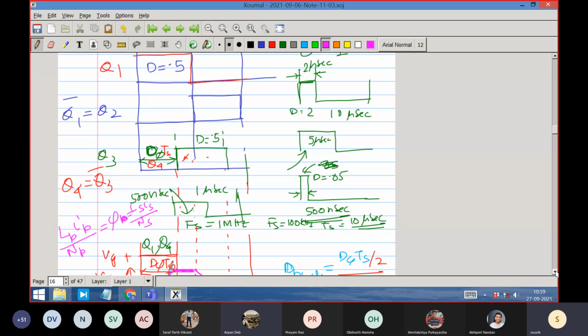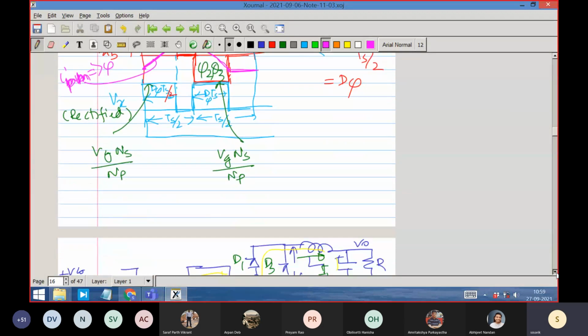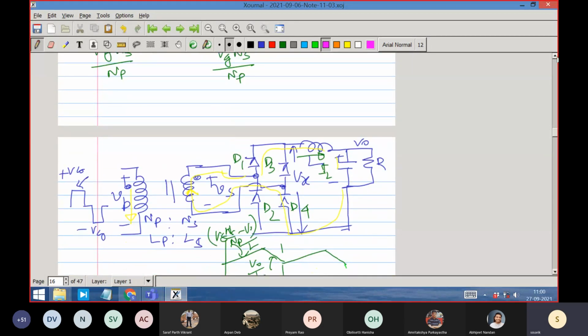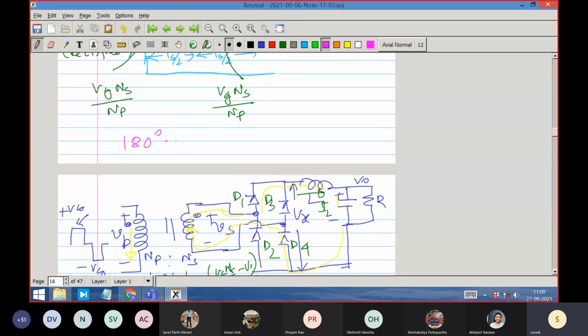If the phase shift is, let's say, 180 degree, then what should be the phase shift in seconds in this case? I will call d phi is equal to 1 and TS by 2 as that time, 180 degree. Let me clarify that point: physically, 180 degree phase shift corresponds to d phi is equal to 1.